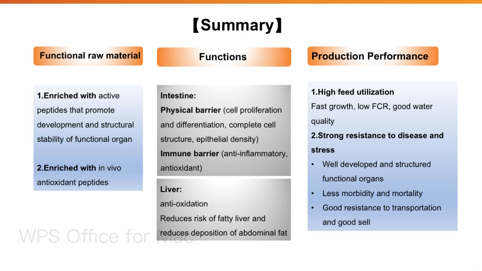On the other hand, aqua have healthier functional organs, higher disease resistance, lower mortality, and an enhanced ability of anti-stress, which makes aqua get a healthier resistance to pulling and transport.